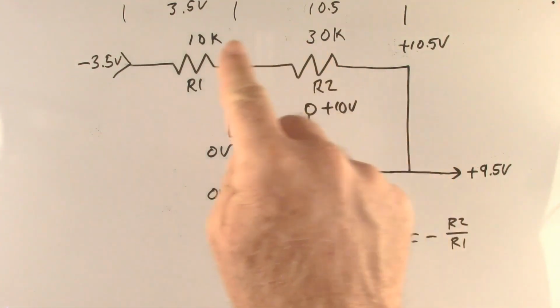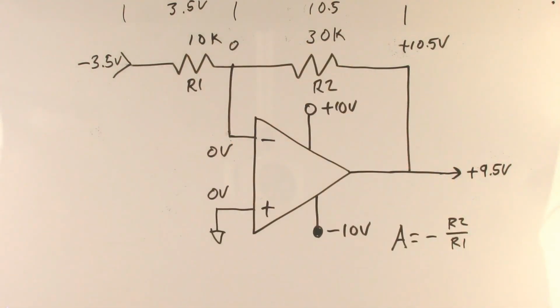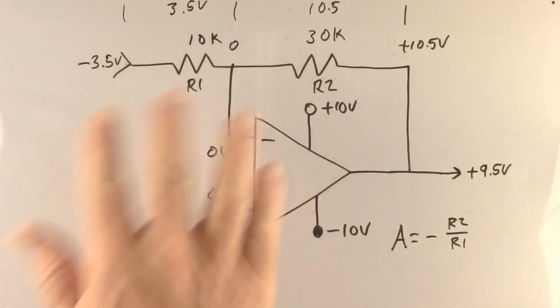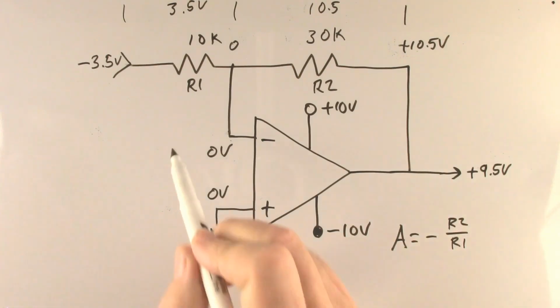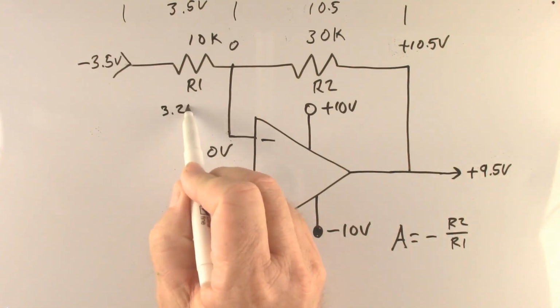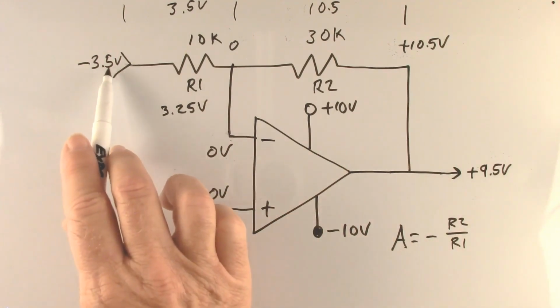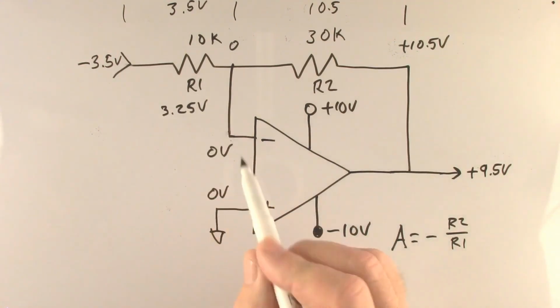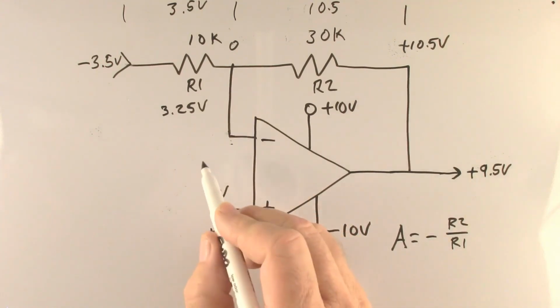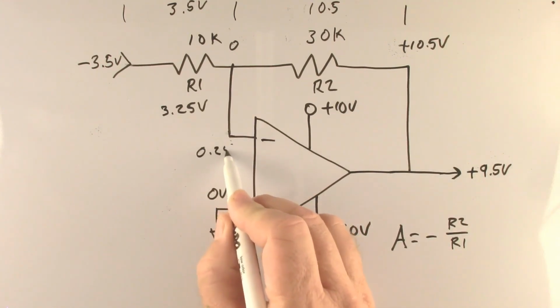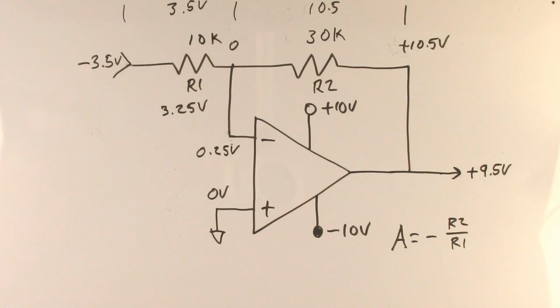Since we have a 3-to-1 ratio of the resistance, we divide that by 4, and that gives us the voltage across this resistor, which will be 3.25 volts. So now we're going from 3.5 and we are gaining 3.25, so this is going to be 0.25 volts. So we no longer have the circuit balanced.